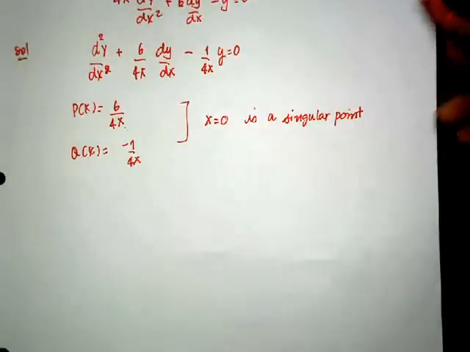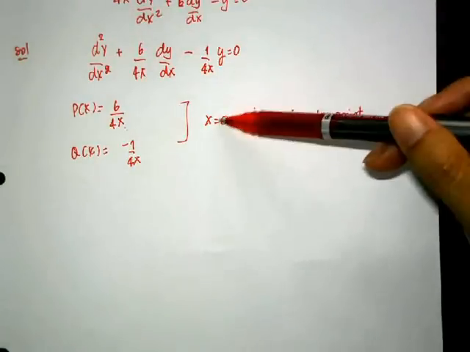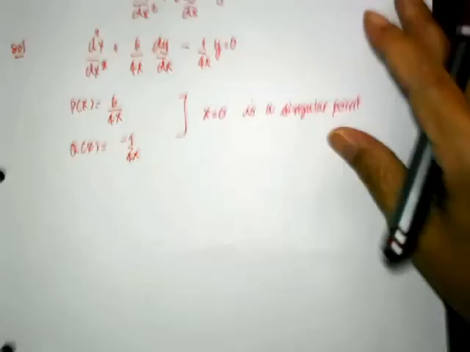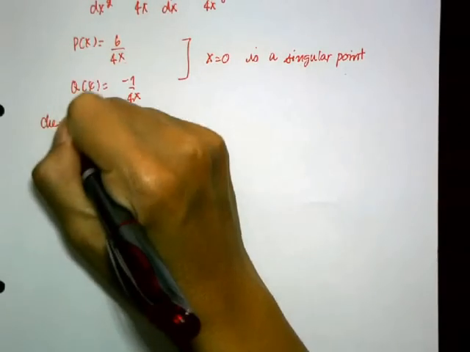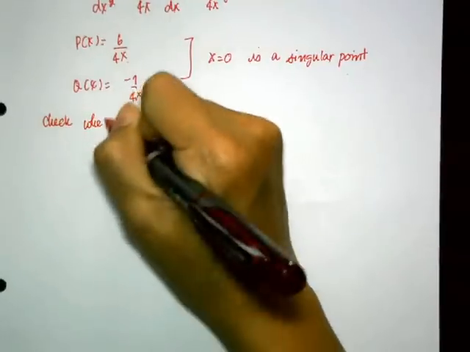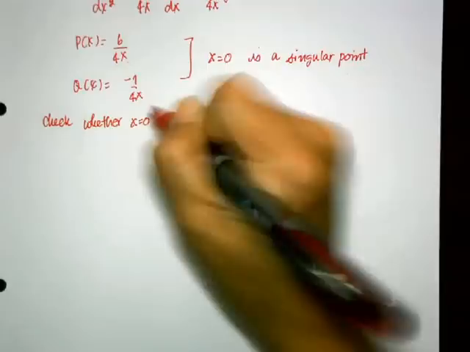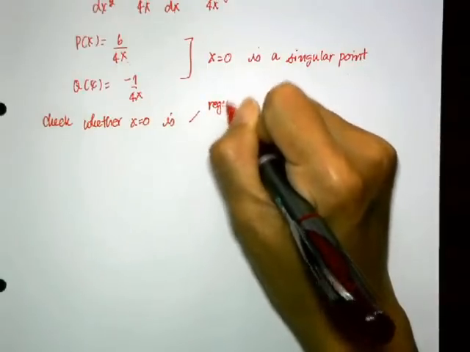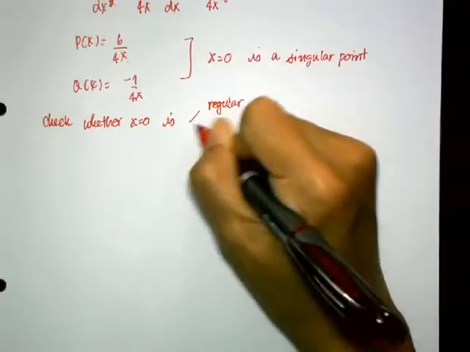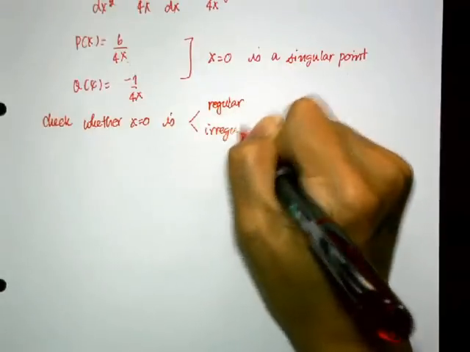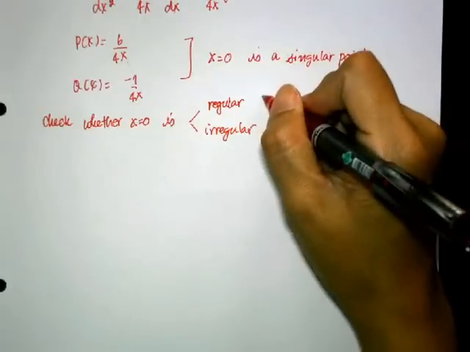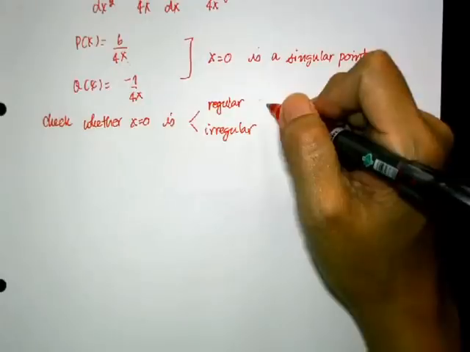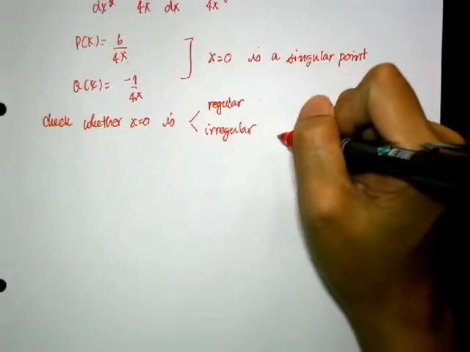So what we have to do next is define the type of singular point, whether it is a regular or irregular point. If it is a regular point, we can find the solution. If it is an irregular point, we can't find the solution.